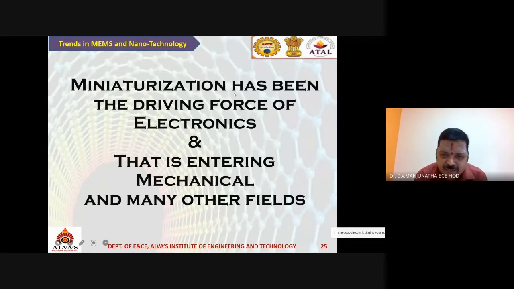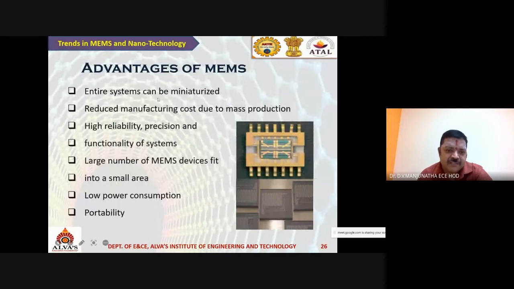That miniaturization has been achieved with the help of VLSI in electronics, right? And VLSI has entered into mechanical also. Together, this IC technology as well as mechanical and many other fields are combined and form MEMS, Micro Electro Mechanical Systems, right? So, advantages of MEMS. We have seen why MEMS is required, right? So what are the advantages?